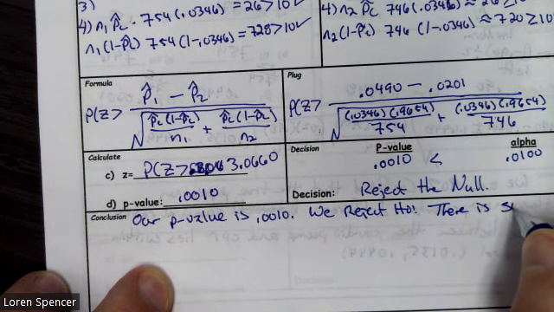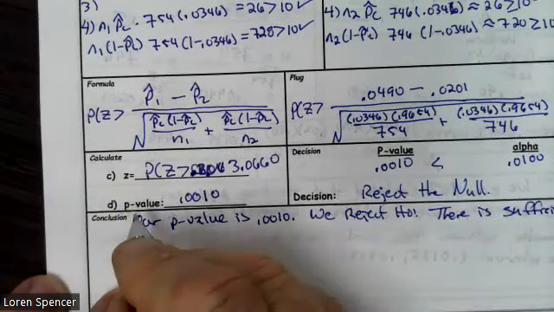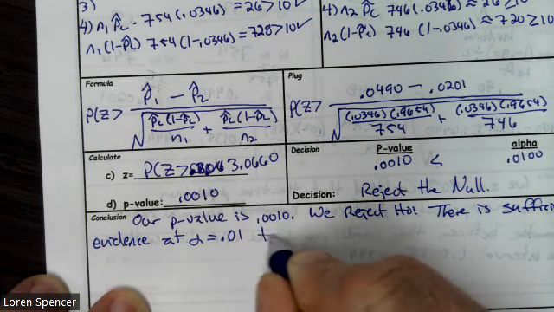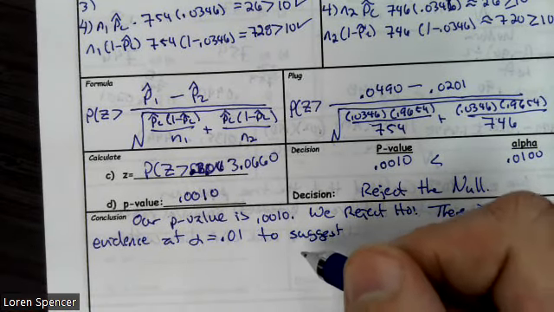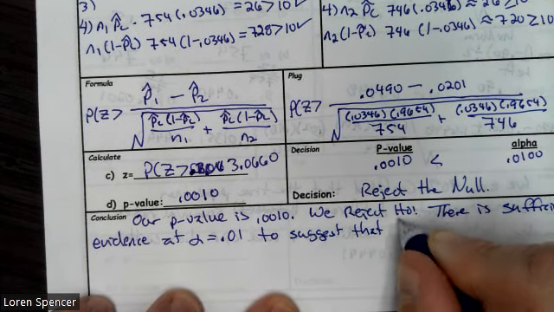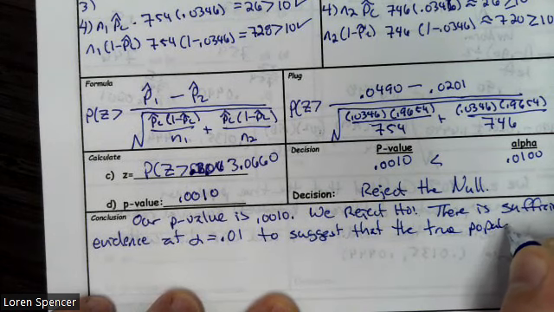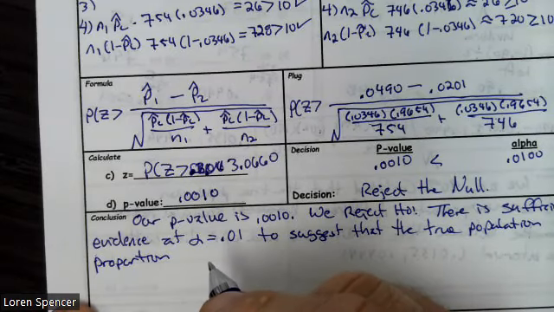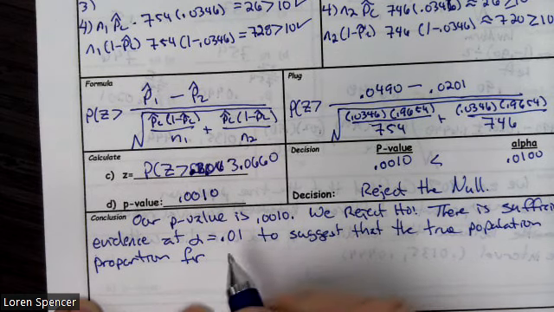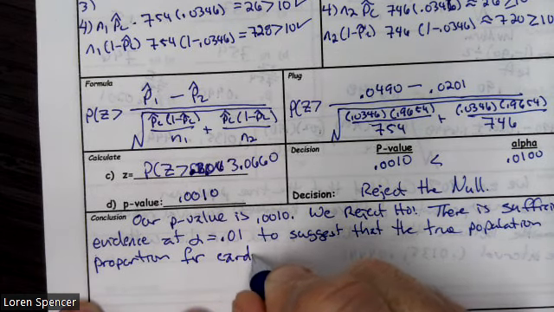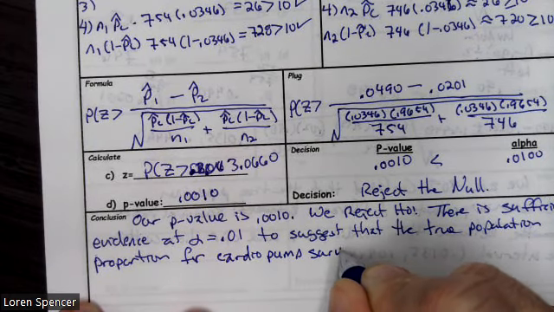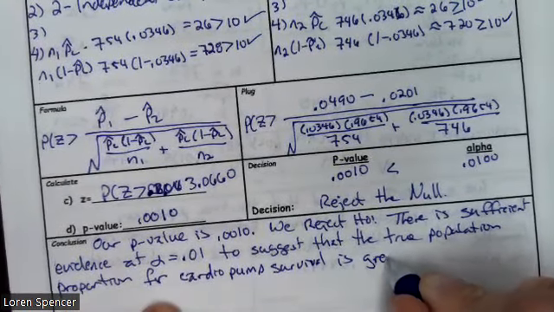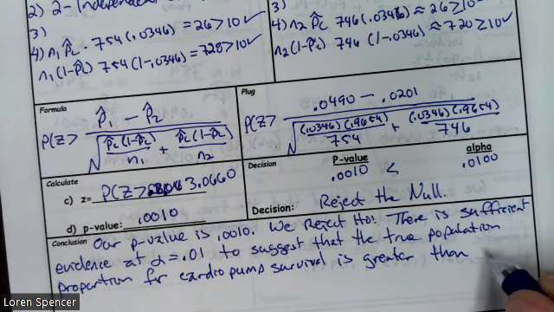There is sufficient evidence at alpha equal 0.01 to suggest that the true population proportion for cardio pump survival is greater than CPR.